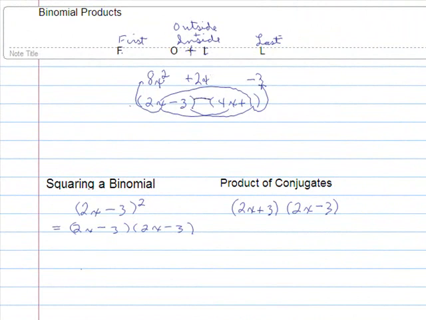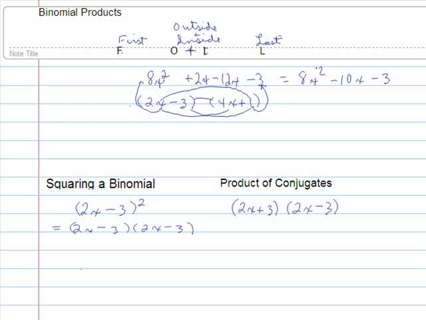Multiply the inside terms. Negative 3 times 4x is negative 12x. And then add 2x to negative 12x, and you end up with 8x squared minus 10x minus 3 for your final answer.